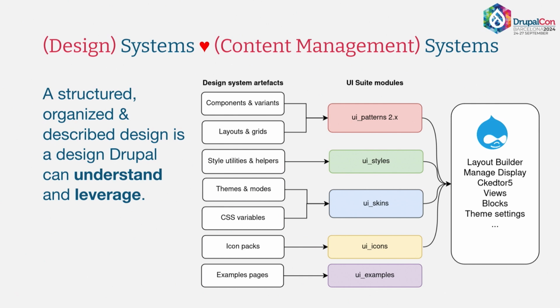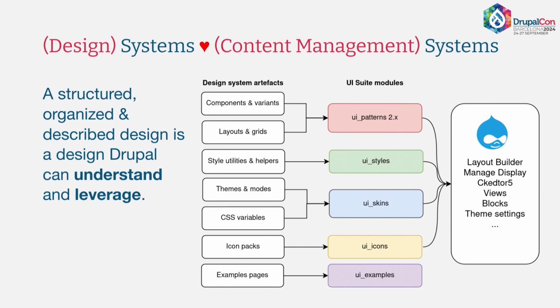And we have more. Because us, UI Suite community, we are providing 5 modules total. And 4 of those modules are plugged into the Drupal API as UI pattern is. So we can do the same kind of demo for the other artifact. So we use UI pattern 2 for component and the layout ecosystem.